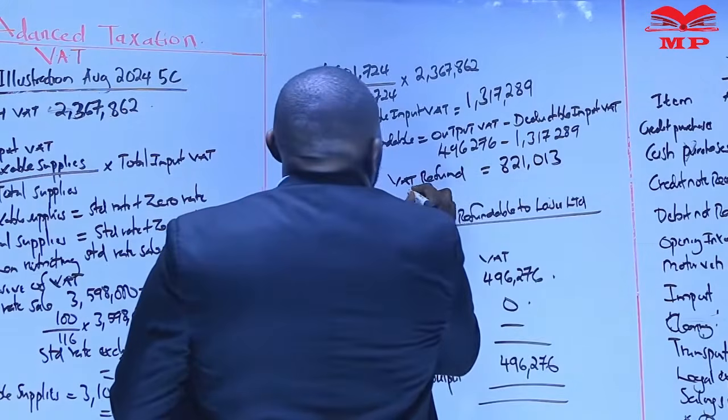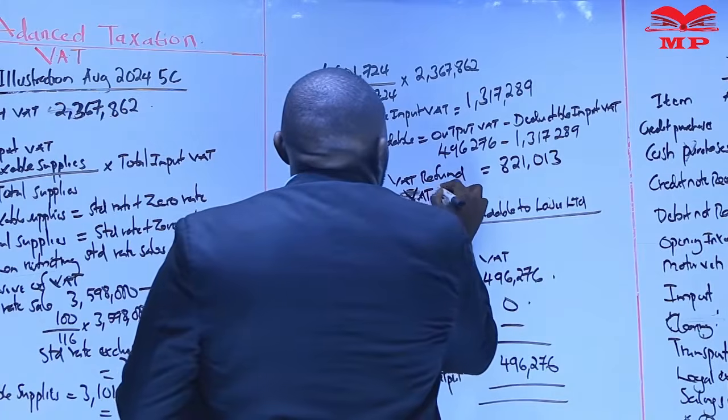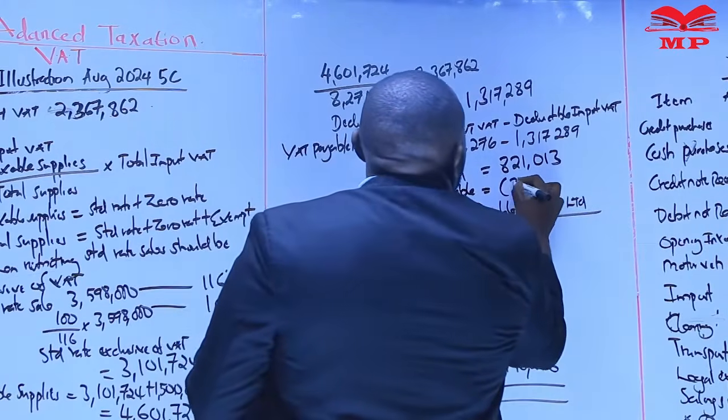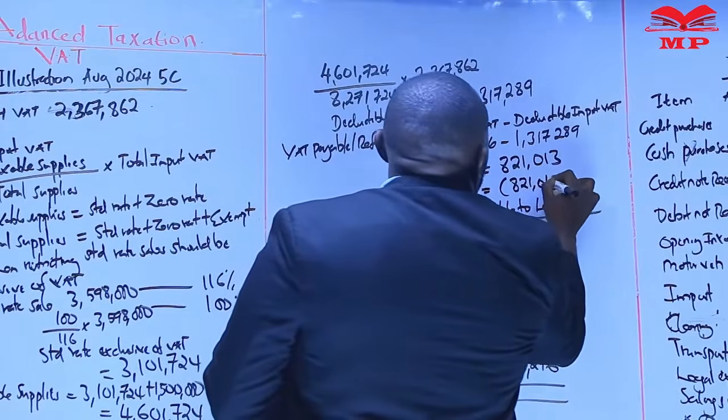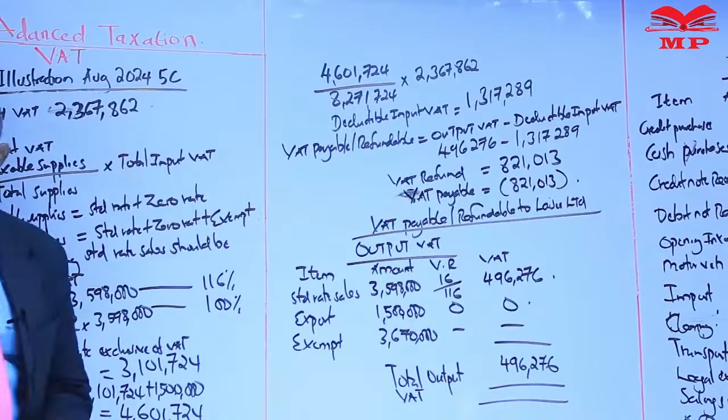When you say VAT payable, that should be negative. That is how we approach it.